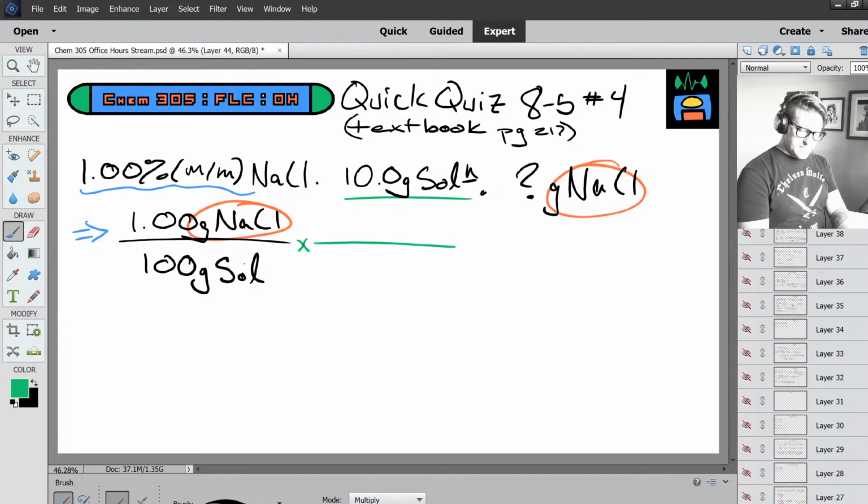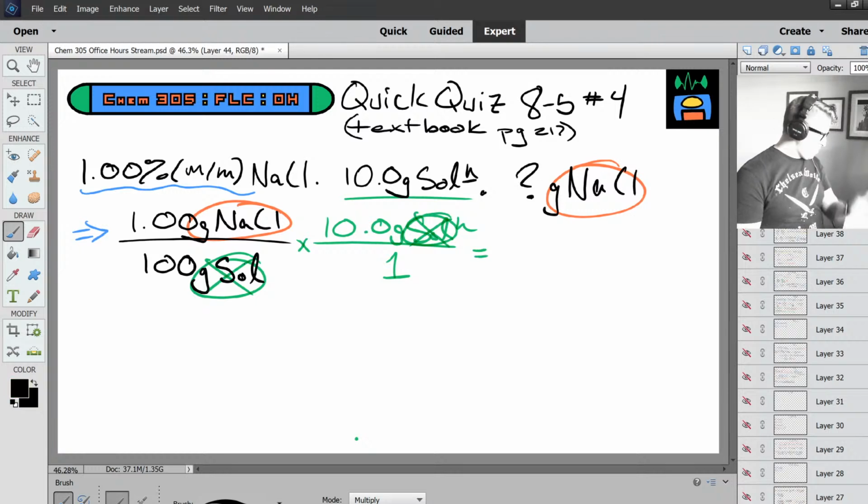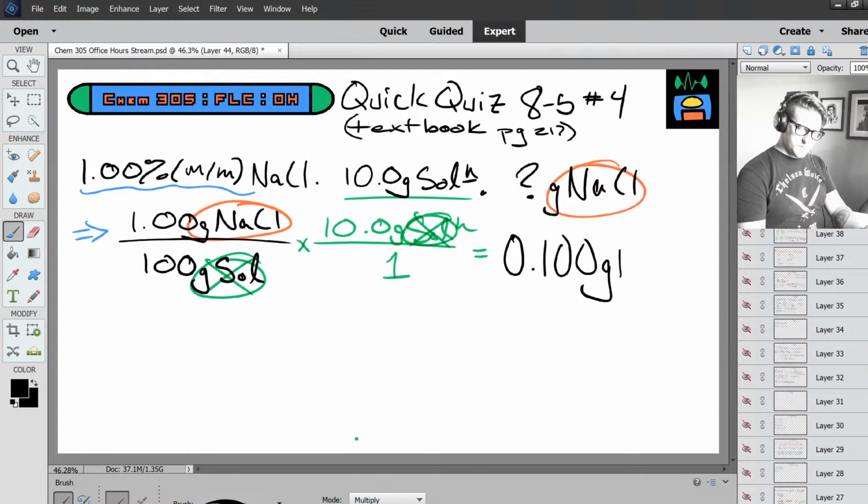So if you multiply this thing by 10.0 grams of solution over 1, grams of solution cancel, and so we have 1 divided by 100 times 10 gives us, let's see if we can have 3 sig figs, 0.100 grams of sodium chloride.